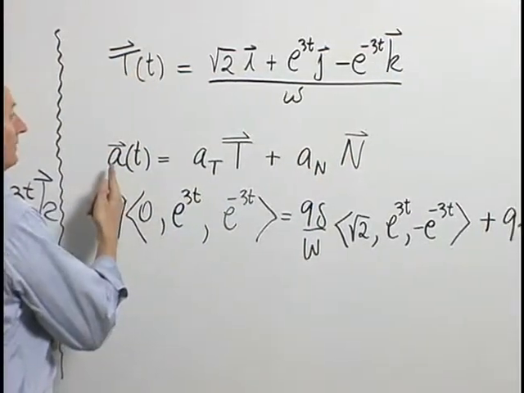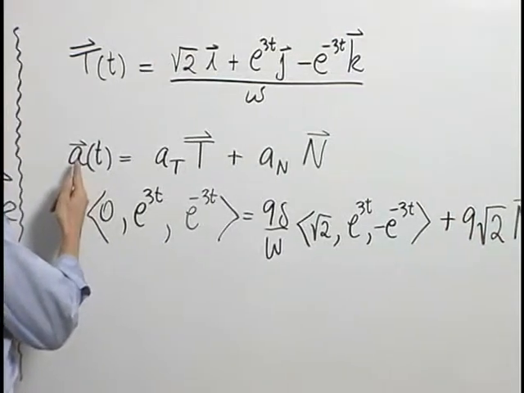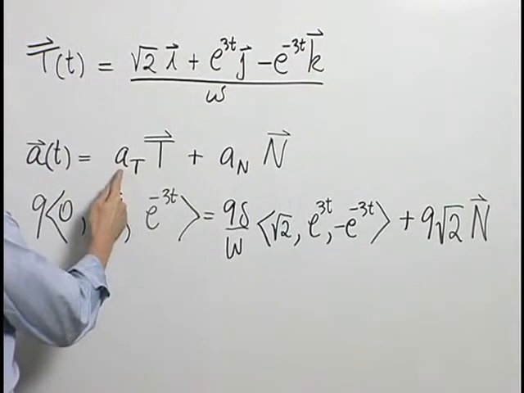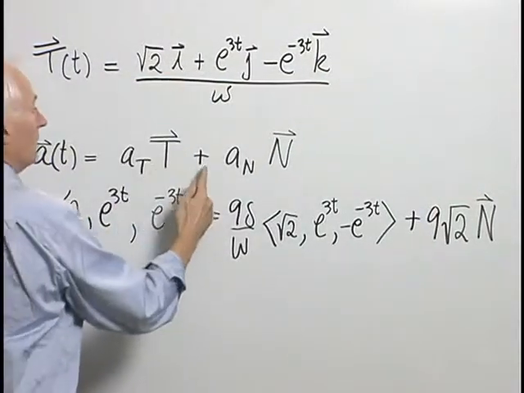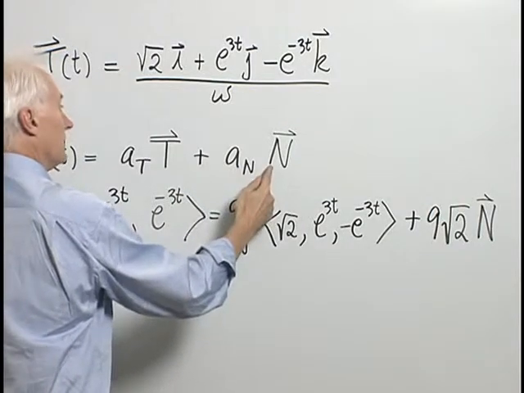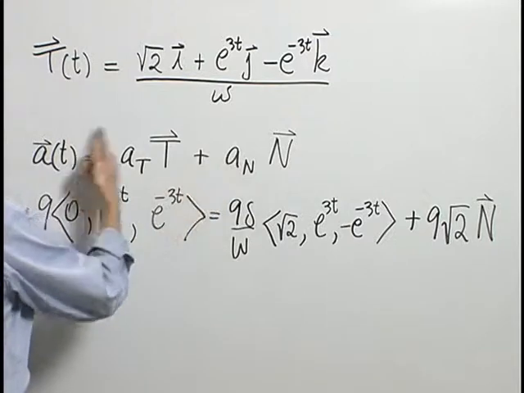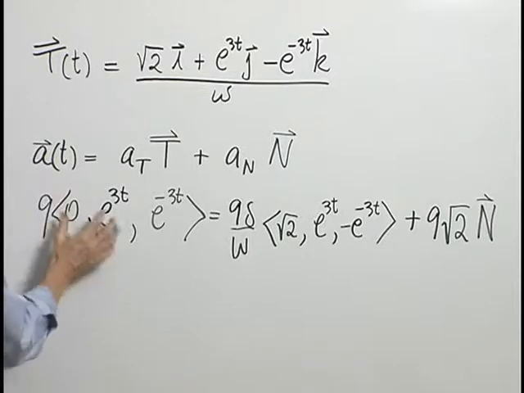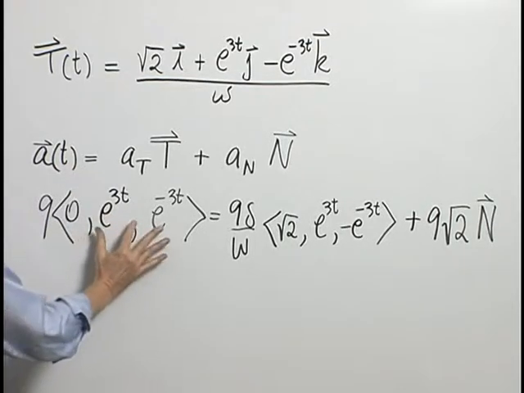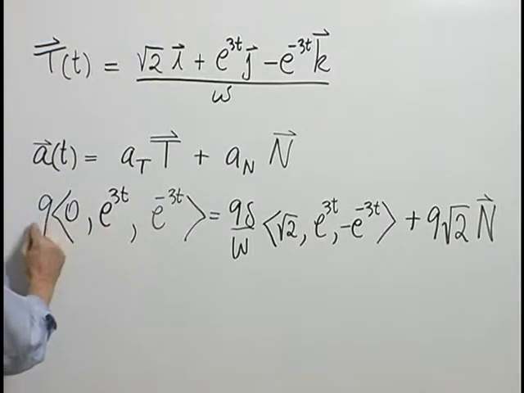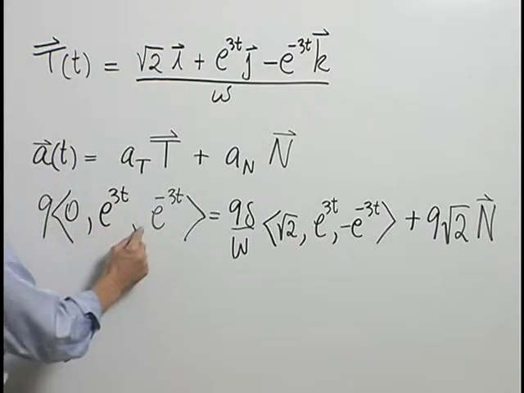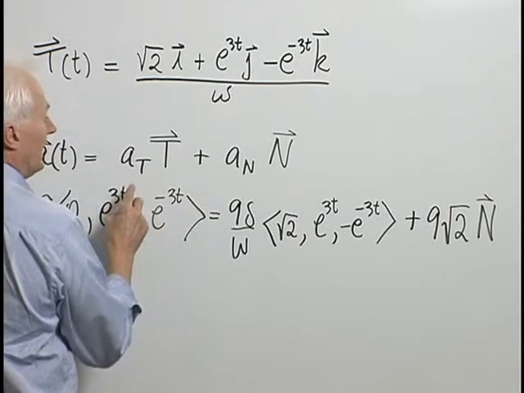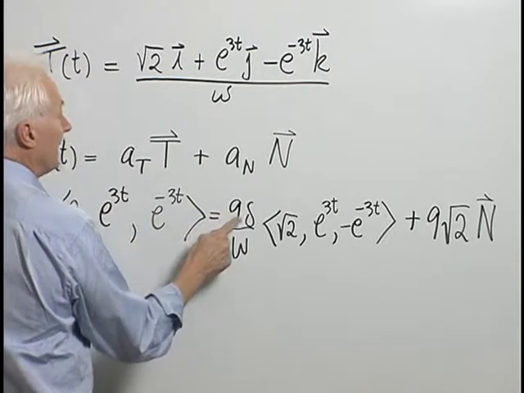And the way we'll find our normal component of acceleration is to look at the equation that tells us the acceleration vector A is tangential component of acceleration times T, which we have up here, plus the normal component of acceleration times the unit normal vector N. Notice everything in this equation is now known to us except for capital N. For instance, writing our acceleration vector with the angle bracket notation, it's 9 times the vector 0, comma, e to the 3t, comma, e to the negative 3t. And our tangential component of acceleration, remember, is 9 delta.